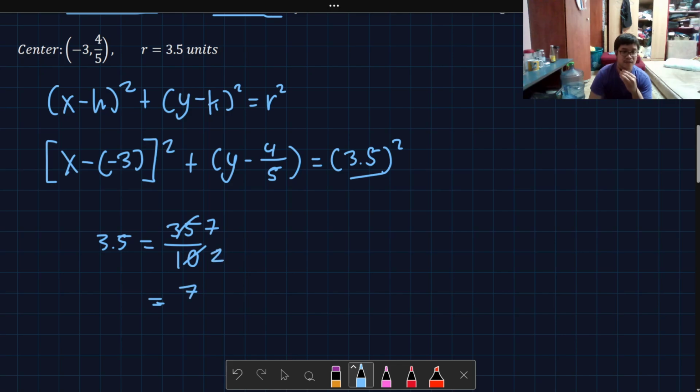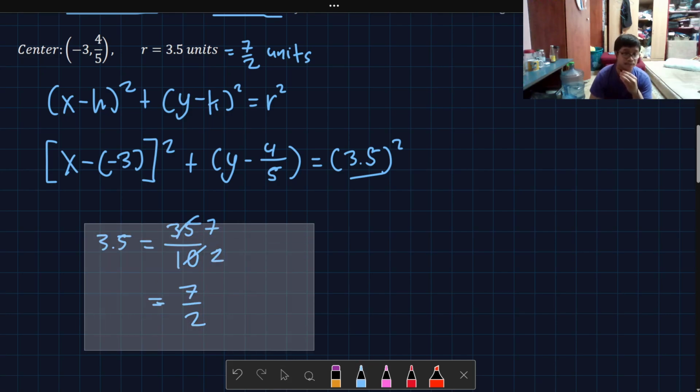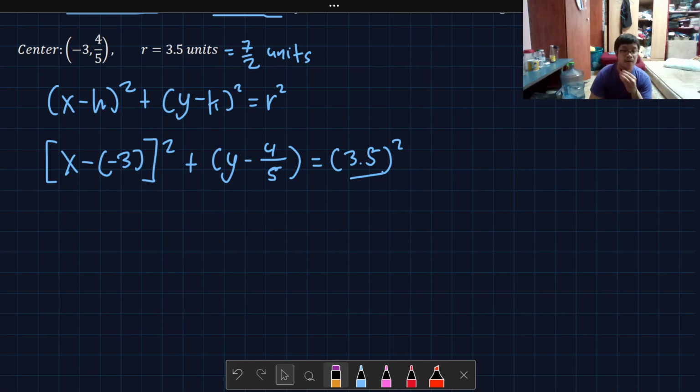So we have 7 all over 2. So yes, 3.5 units is the same as 7 all over 2 units. And this is much better. Okay? If you can convert it into a fraction, then that would be much better. So we have 7 all over 2 squared.